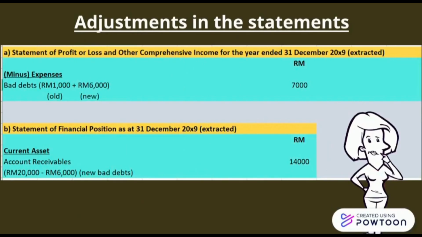In this question, we need to deduct 6,000 from the amount of accounts receivable, 20,000, to get the net amount of accounts receivable. So 20,000 minus 6,000 equals 40,000. The 40,000 is the net amount of accounts receivable that we need to state in the statement of financial position under the current asset.